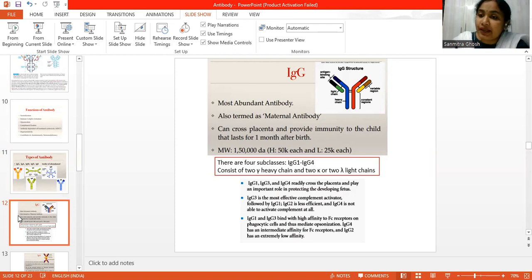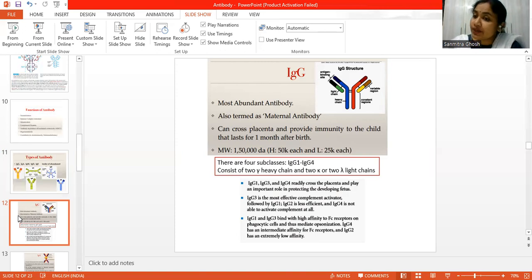If gamma heavy chain is present, then it will be immunoglobulin G. If alpha heavy chain is present, then it will be referred to as immunoglobulin A. If the heavy chain polypeptide is mu, then it will be IgM. If it is the delta polypeptide chain, we will have immunoglobulin D. And if it is the epsilon polypeptide heavy chain, then it will be IgE.